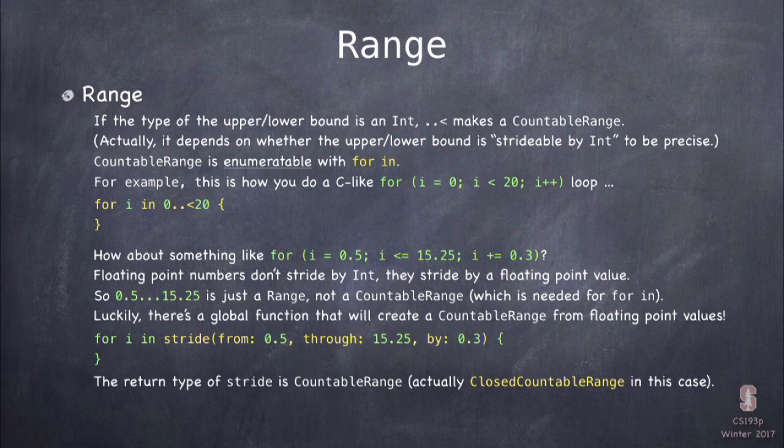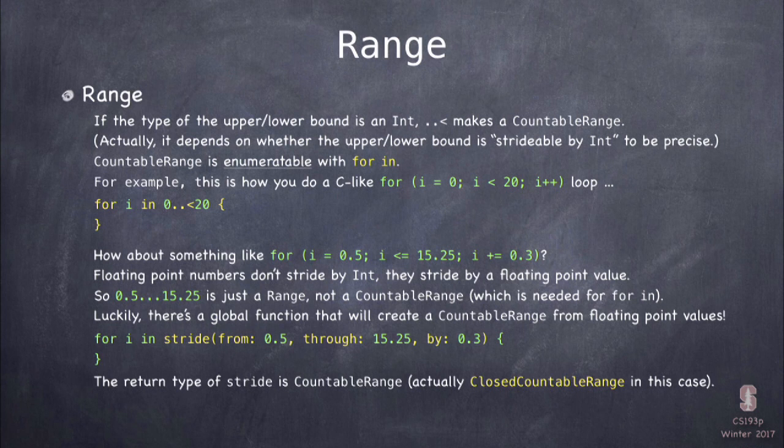And that's going to create a new object. It's a countable range, a special countable range. It knows how to count from 0.5 to 15.25 by that 0.3 step. You don't worry how it implements it. Stride just creates you a countable range. Actually, this would be called a closed countable range because it counts through to the end. So it's a dot, dot, dot kind of range instead of a dot, dot, less than kind of range.